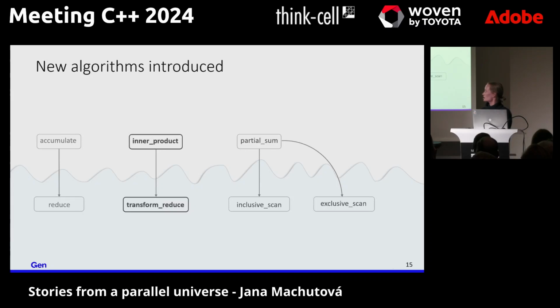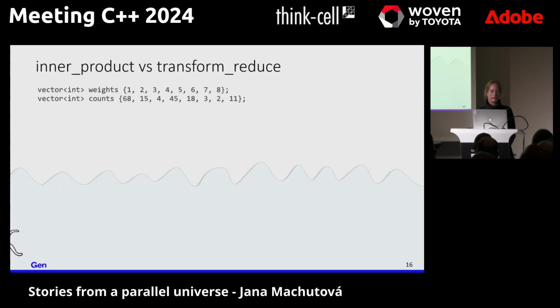We have inner product and transform reduce. So again, we have our counts of the animals, and they have some weights. We want to know what mass is floating in the water and what mass is flying. So what we need to do is multiply corresponding items of counts and weights, and then sum it up.